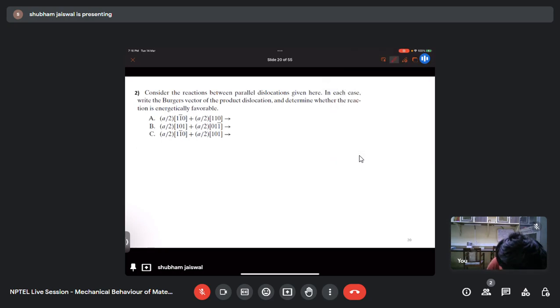So let's say this is our b1, this is our b2, and this is our b3. First, calculate the b3 for each condition.